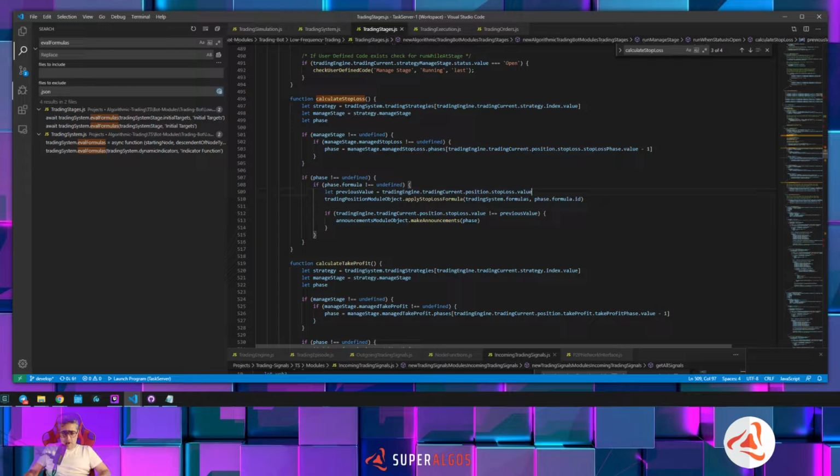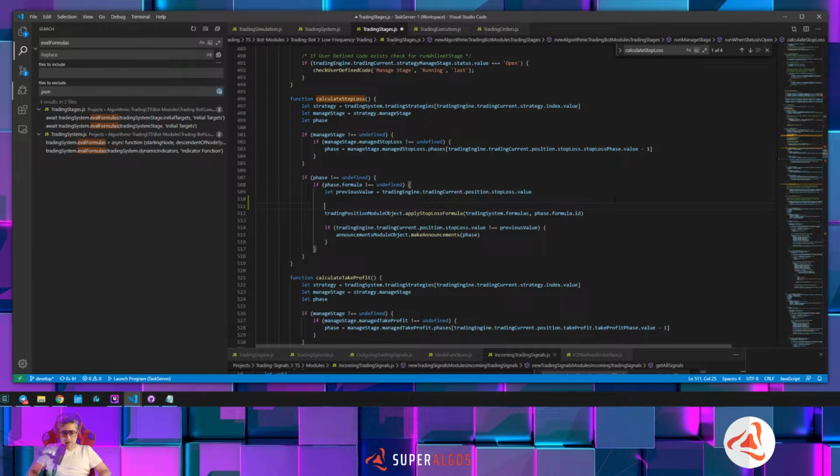Okay, this is a good candidate of a place where to calculate the formula, because I'm going to send this phase formula and I'm going to send this formula, because we already filter out the one formula that we are currently needing because of this line.